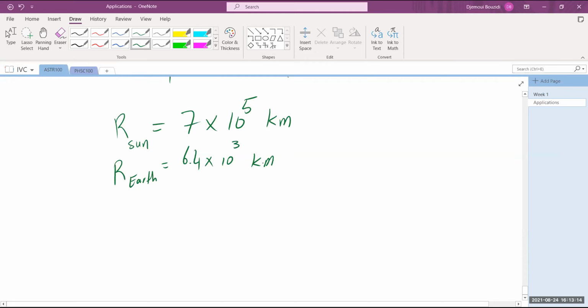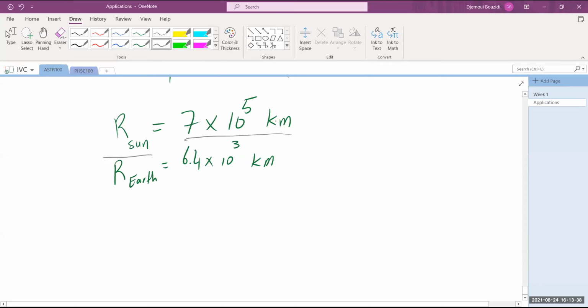When we're doing questions like this one, we have to be very careful. We're comparing one to the other, so I'm going to do the ratio and see how big they are. Since we have units, we have to make sure they are the same units, because if not, we have to convert.